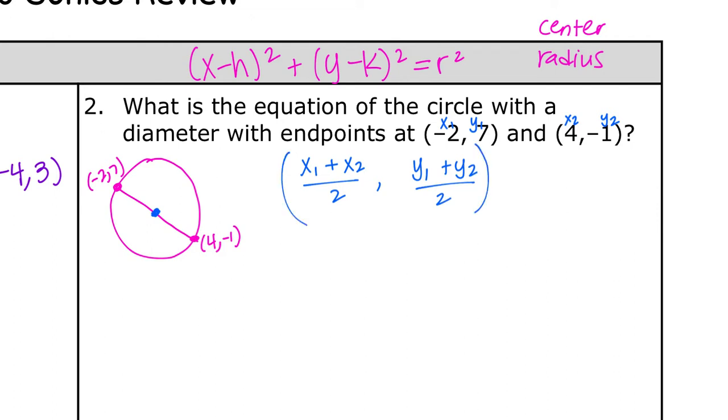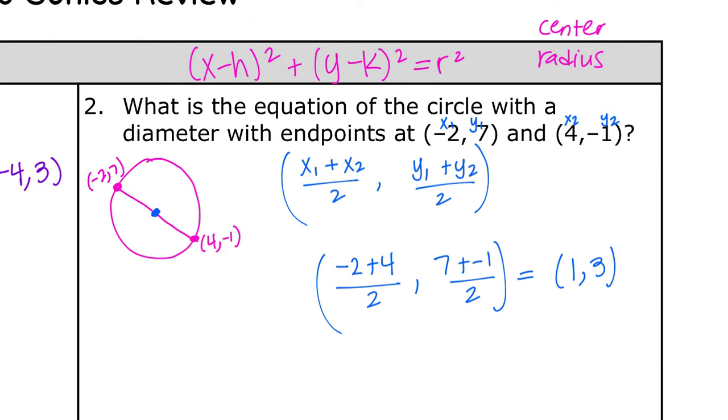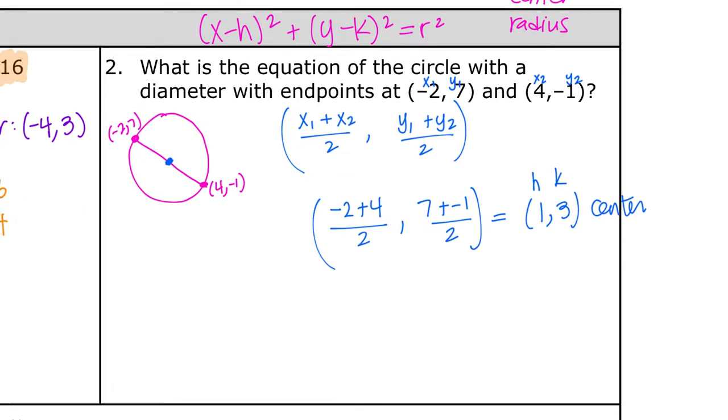So for us, that's going to be (−2 + 4)/2, and (7 + (−1))/2. And when you do that math, you should get 1, 3. So that's our center. That is our h, k when we need to plug it in later.